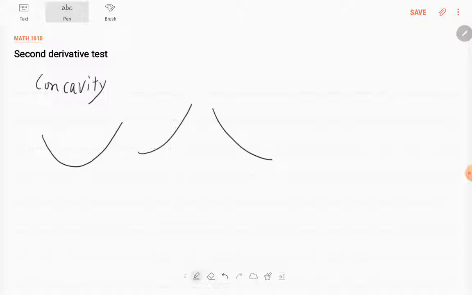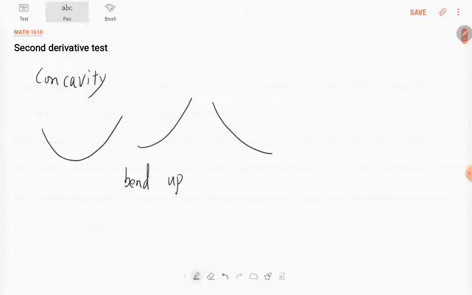This is the graphs for certain functions, right? So these three graphs all bend up, right? So we give a name, which we say these curves are concave up.